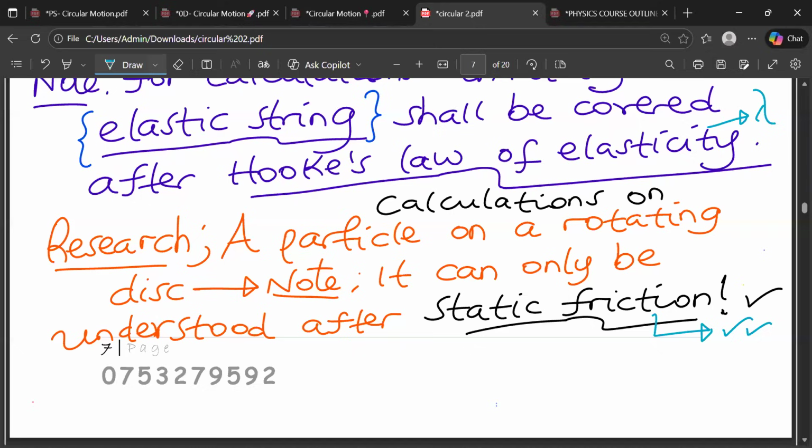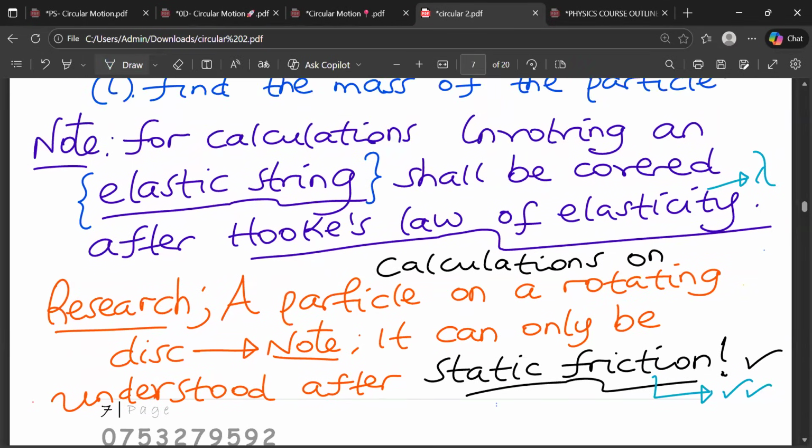So that's my advice. If you understand static friction, go ahead and research. It will be very obvious. If you understand Hooke's law of elasticity, you can research. But I cannot just waste time to cover them right now. Yet we have not covered Hooke's law of elasticity in details, and we have not covered static friction in details.